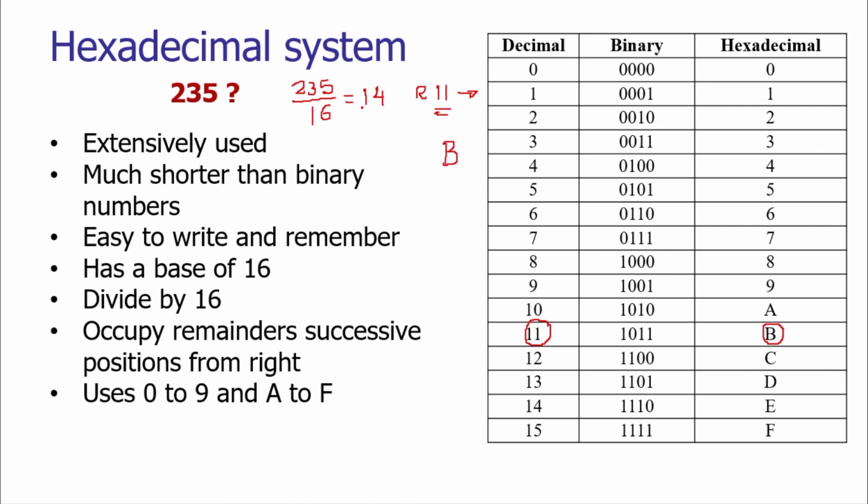Then we will see the quotient. If the quotient is more than 16, again we have to carry out the division operation. But the quotient is less than 16. So again we refer to the table. For a quotient less than 16, what would be the hexadecimal representation?